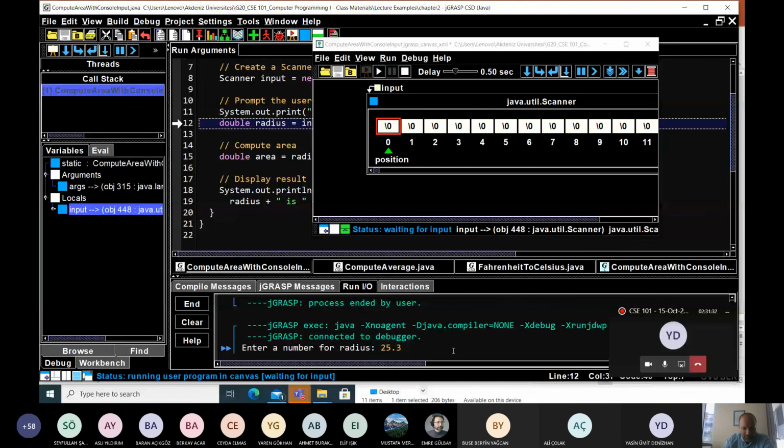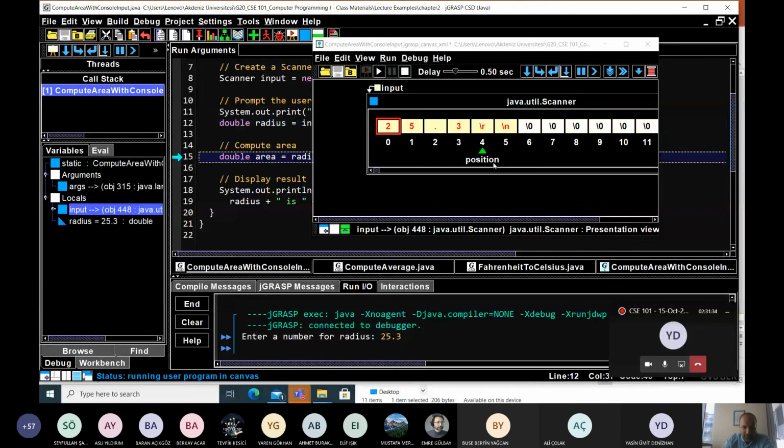So if I say 25.3 is my radius, for example, notice what happens. The stream that comes in through the scanner, through the System.in, is 2, 5. Now you shouldn't think of these as numbers. You should think of these as characters the user has entered on the keyboard. So 2, 5, period, 3. Then these two characters just mean new line.